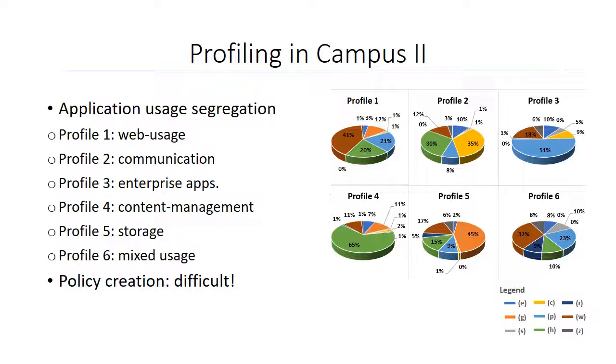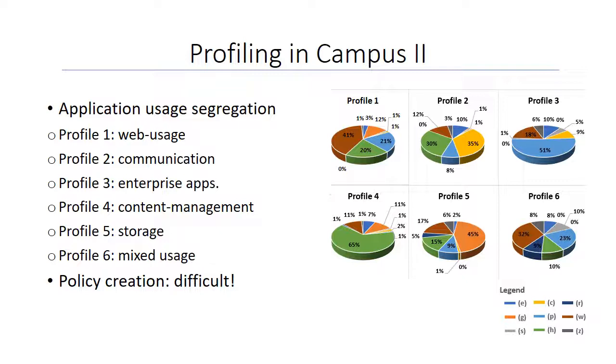A great deal of segregation in application usage was observed in the network traffic represented in each of these 6 profiles. Profile 1, for example, concentrated on web usage, that is usage of the internet, while profile 2 users had higher communication service usage of the MS communication server in the organization. Profile 3 was inclined towards enterprise applications. Profile 4 users, for example, frequented the content management server present in the campus.